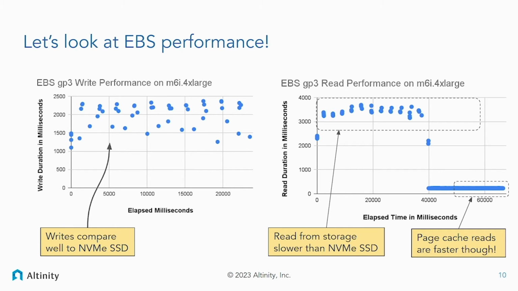Once they get through reading them, then the blocks are all in the page cache, and you get that blue line where it's just jamming through and reading these files now in about 1/4 of a second each. So EBS is actually pretty good.